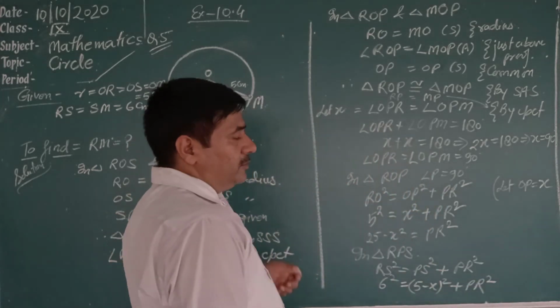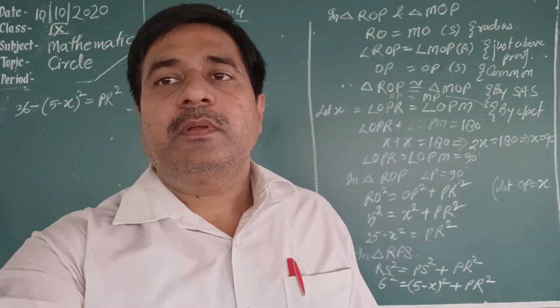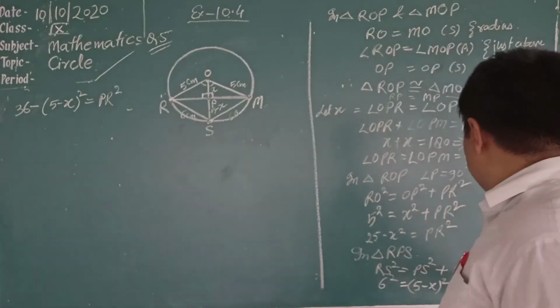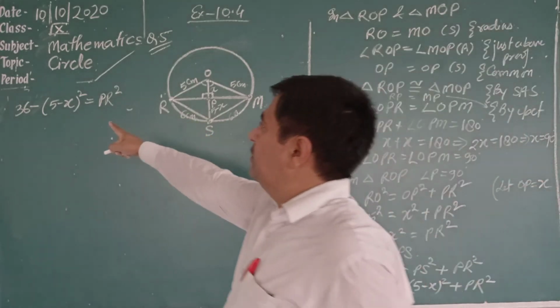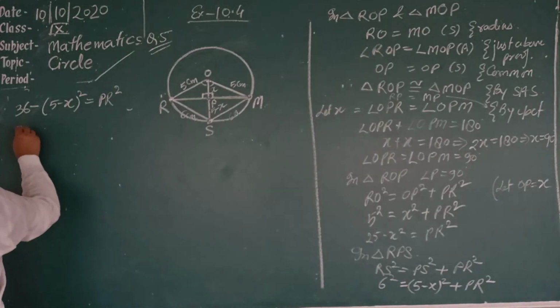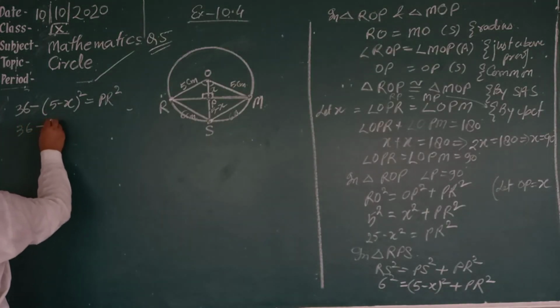Okay, so now students, PR square is sent to this side, and you apply a square minus b square.